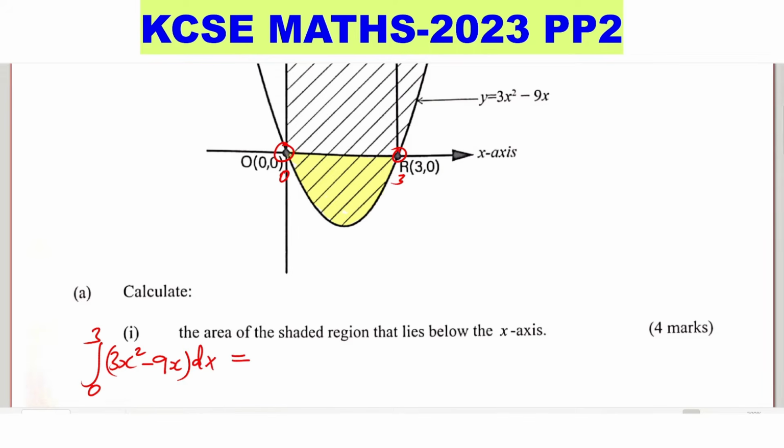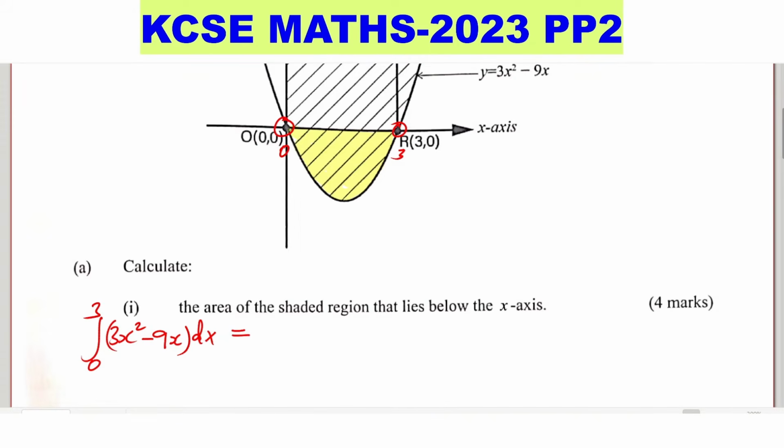So when we carry out this integration from 0 to 3, we are going to get the area of the shaded region that is below the x-axis. So let us integrate this. So 3x squared, when you integrate this, you get 3x cubed divided by 3 minus, when you integrate 9x, you get 9x squared divided by 2.